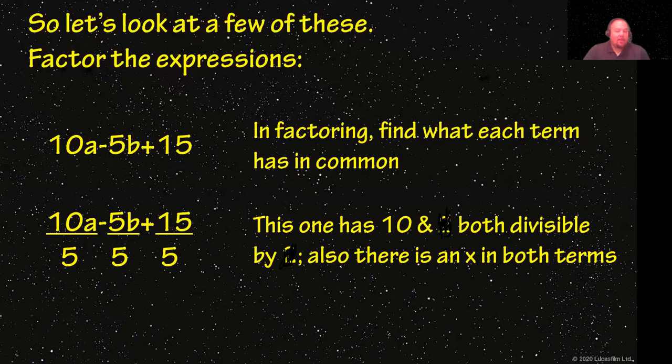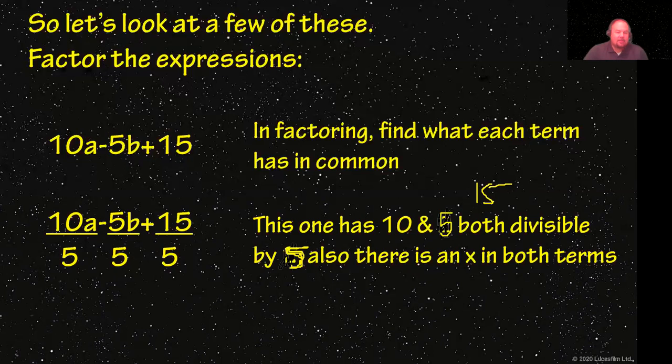So I know that 10, 5, and 15 are all divisible by 5. And there's an x in both terms. No, it's not the x, so I don't need to worry about that part.